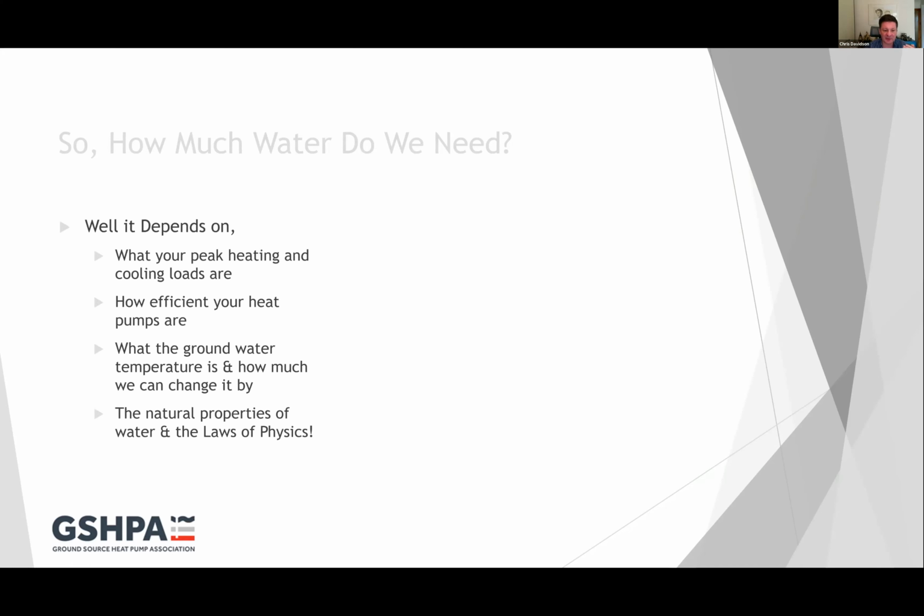And always, always, always, we've got to consider the natural properties of water and the laws of physics. Please do not, in any ground source systems or any engineering, try and overcome the laws of physics. You will lose. And the natural properties of water are very, very important in these systems. So the specific heat capacity of the water, the freezing point of water is a limiting factor on the design. So that depends on how much water we need.